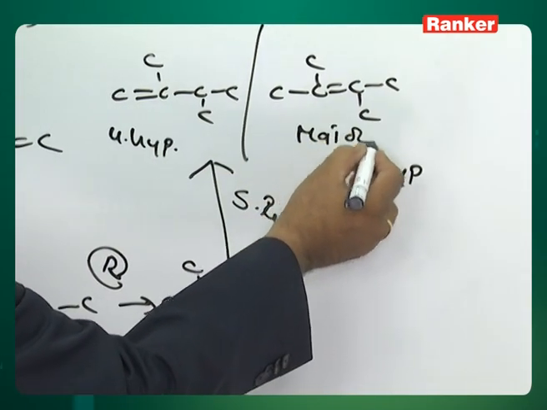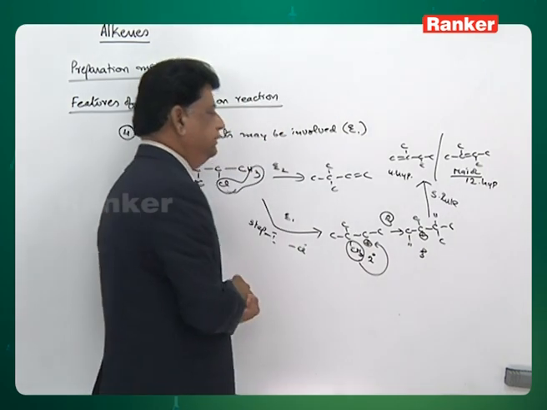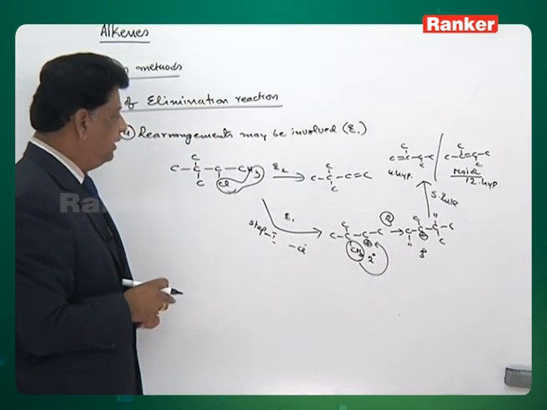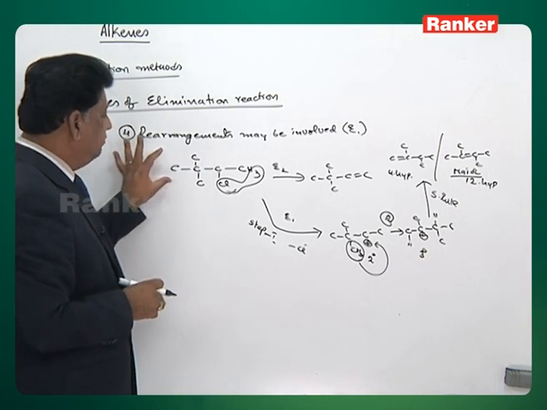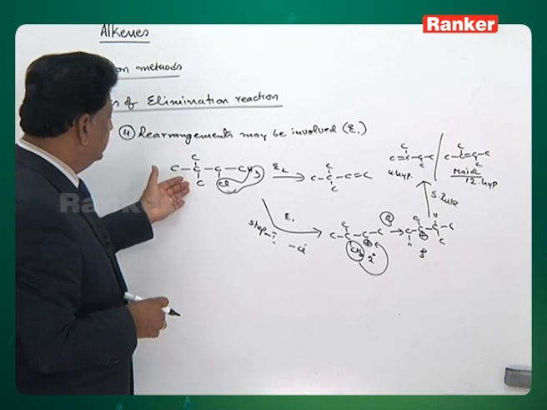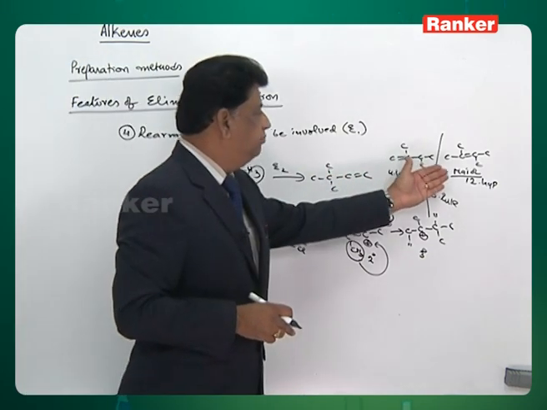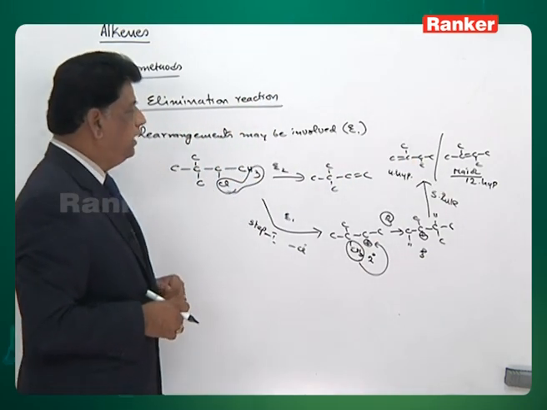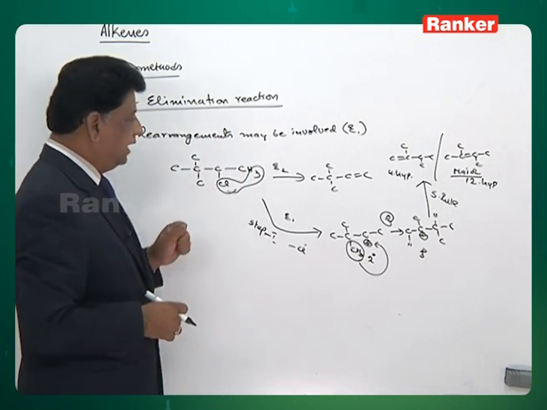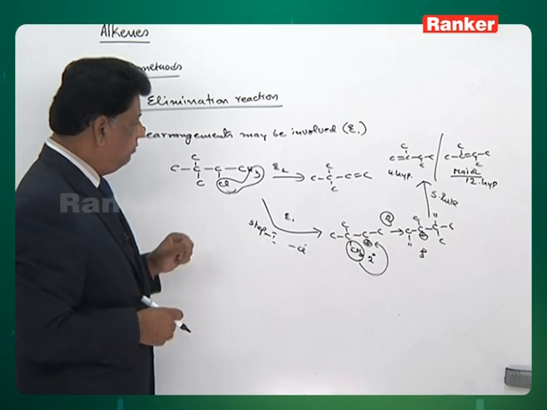You can calculate the percentages also based on the availability of hyperconjugable hydrogens. Now, if a particular compound gives this major product 2,3-dimethyl-2-butene, is it an E1 or E2 mechanism? One can easily identify.